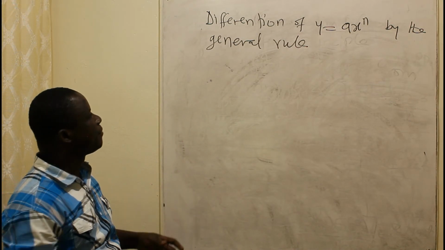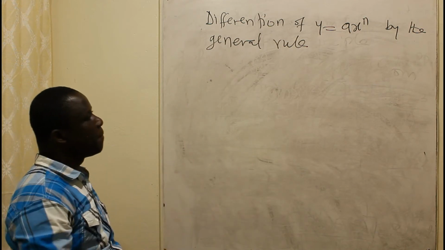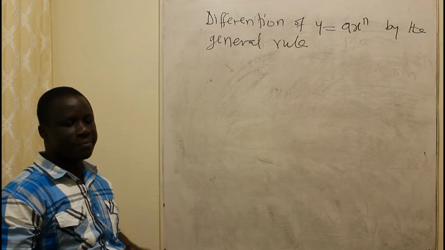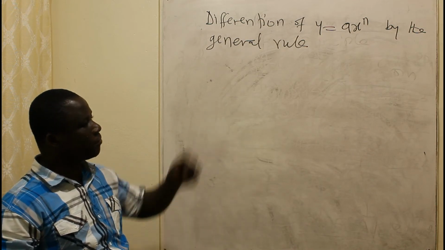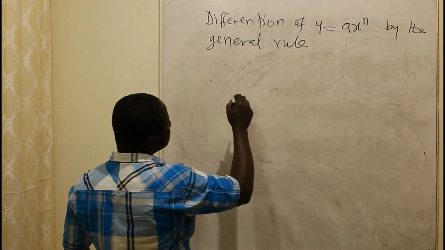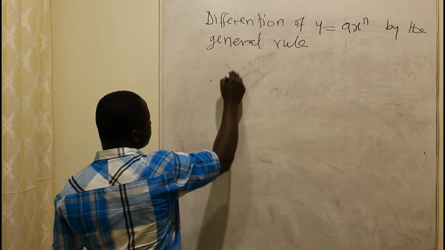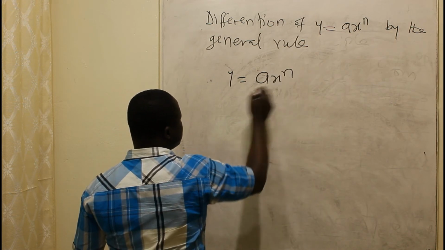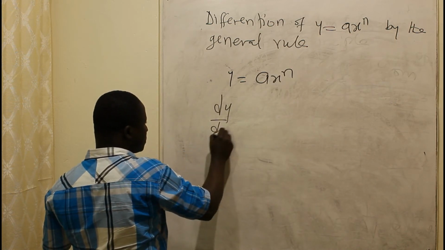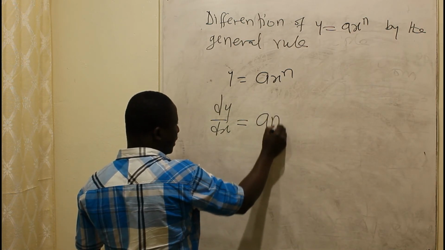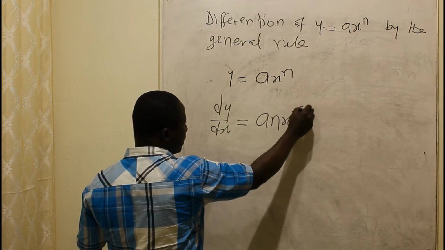If you have a function of this form and you are asked to differentiate, that is, find dy dx or the slope of such a function, it is always y equals ax^n, and then dy dx is given by a n x to the power n minus 1.